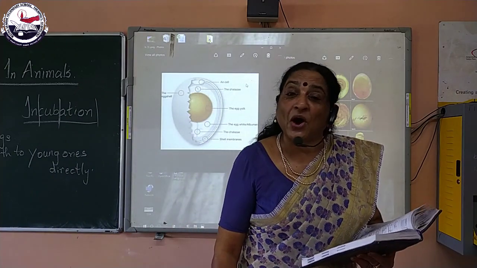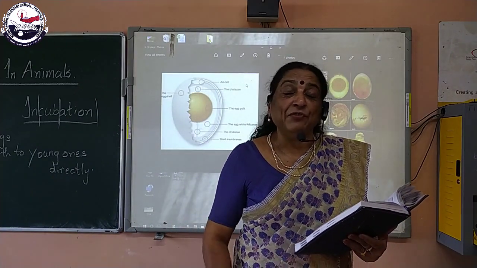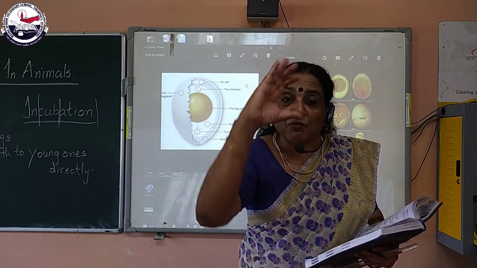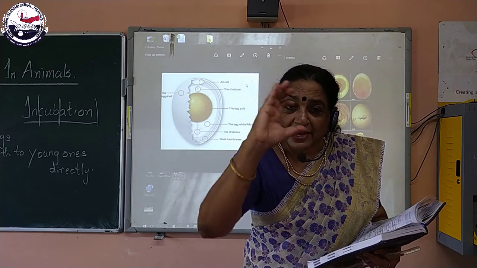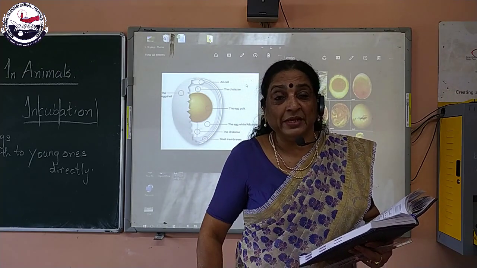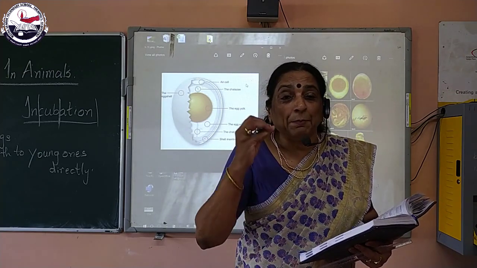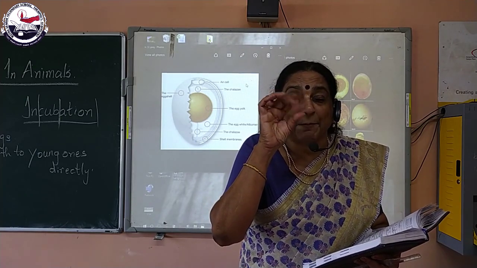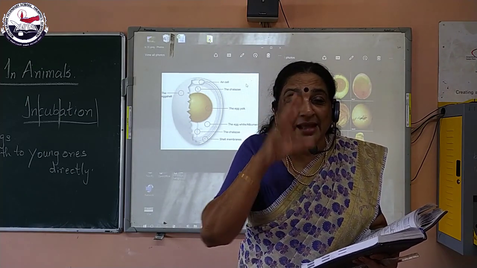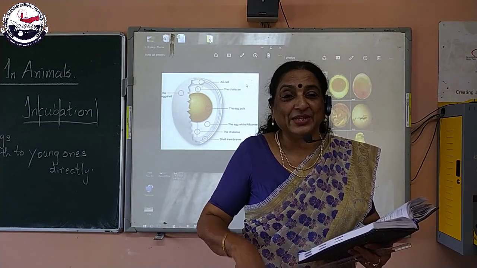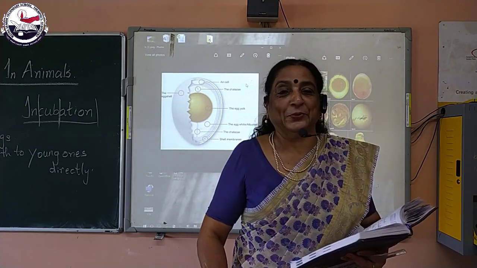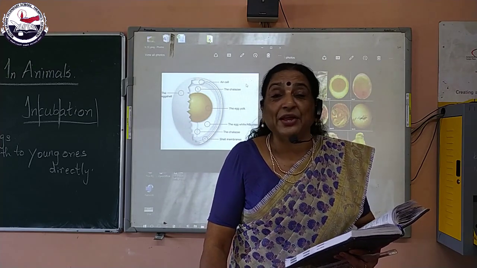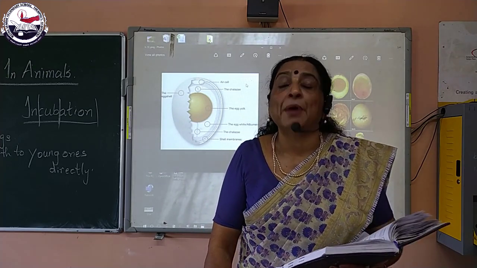When we boil an egg and cut it into two pieces, we can see the white, hardened part. See, when it is raw, it's like a jelly-like part. Understood? That part of the egg is called albumin.